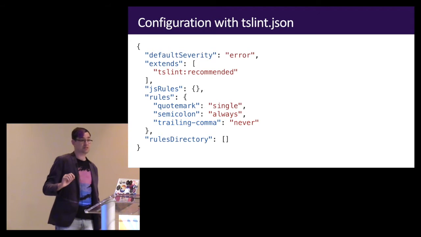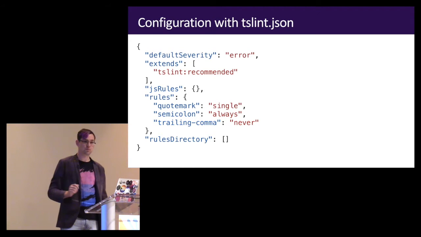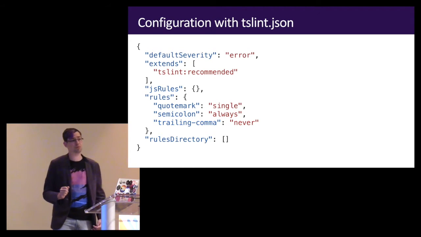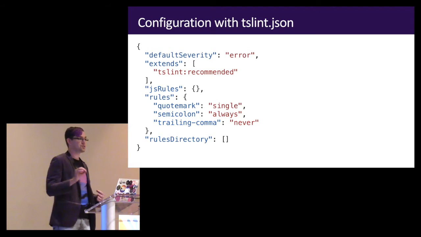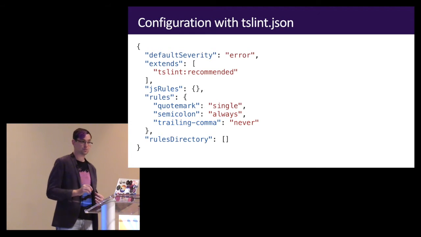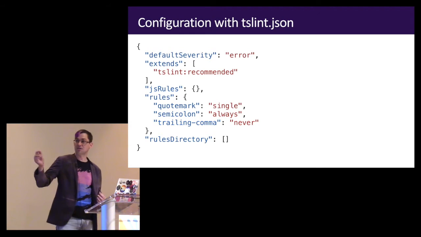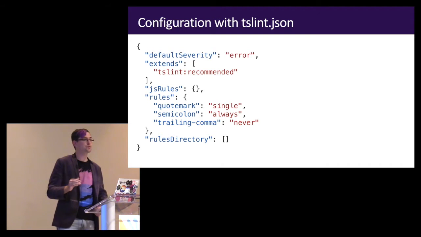Then we have 2 separate sections here called JS rules and rules. I mentioned before that JavaScript and TypeScript are interop really clearly. So tslint can actually check JS files as well as TS files. And so the JS rules section is the linter rules that we want for JavaScript files.